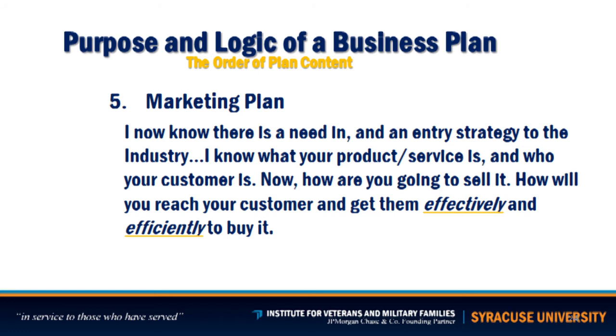You're going to show how you're going to reach your customers most effectively and efficiently, and make them buy it and continuously buy it, so you have repeat customers. So the marketing plan explains how you're going to reach the target customers that you have identified in the market section.